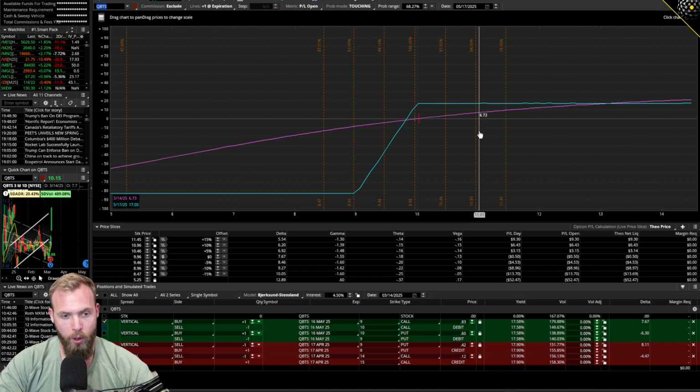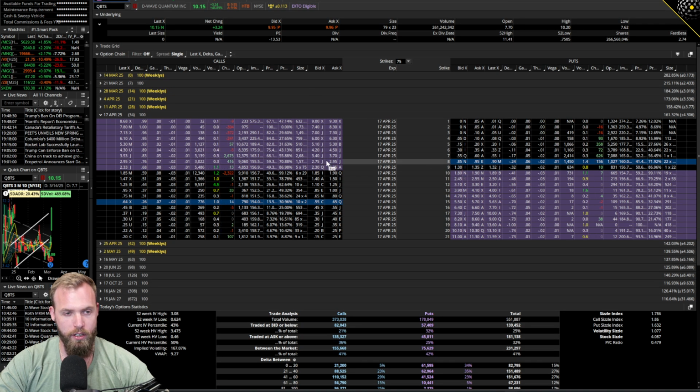Now, one of the cool parts about vertical spreads is they decrease the impact of a lot of the Greeks, and it's because of the long and short option paired together. Because they're paired together, they essentially offset the majority of one another. So if we take a look at this call spread that I'm showing you, the 9 and the 10, we obviously have 68 deltas here. We have 8 gamma, -3 theta, and 1 vega.